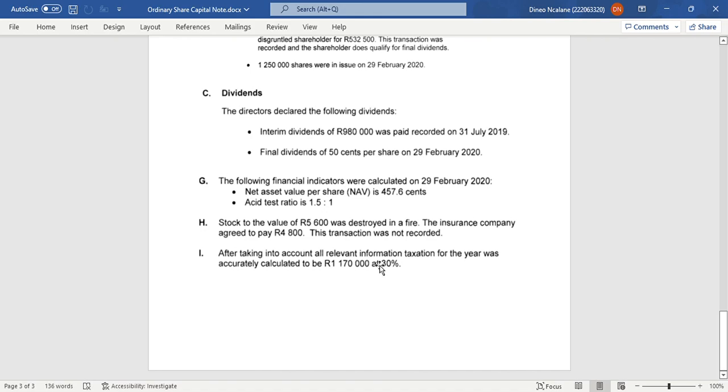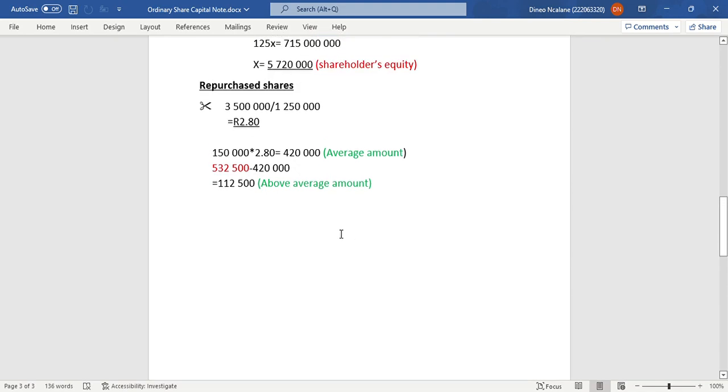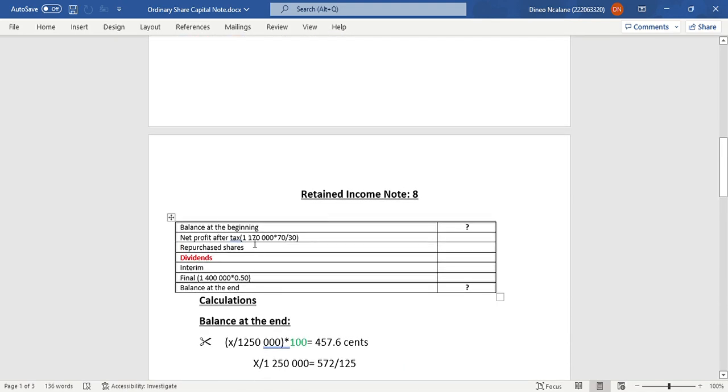So how are we going to calculate our net profit after tax? We are going to say 1,170,000, which is our income tax, times 70%, which is the percentage of our net profit after tax, over 30%, which is our income tax.